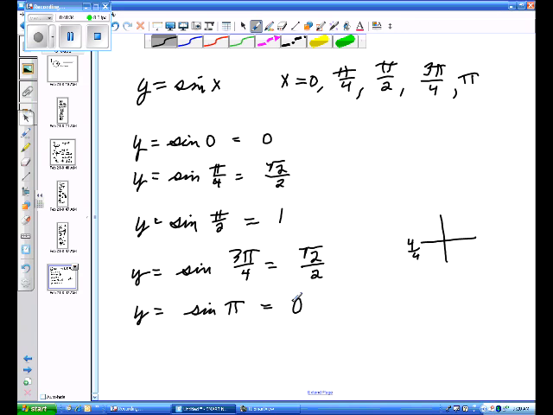And mainly what we're dealing with is trying to learn to work with radians as easily as we work with degrees. And so you need to know how to change from radians to degrees, degrees to radians. You need to be able to find the sine, cosine, and tangent, and your reciprocal functions for your special angles as they're in radians.